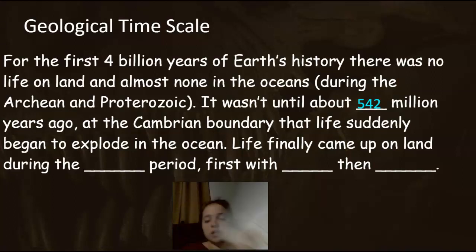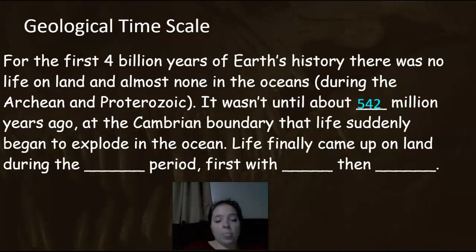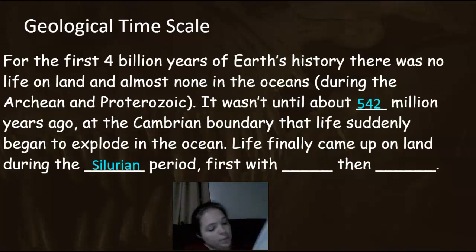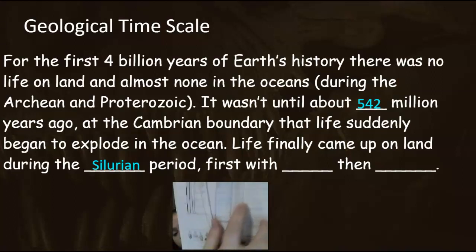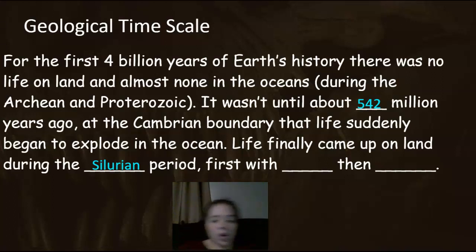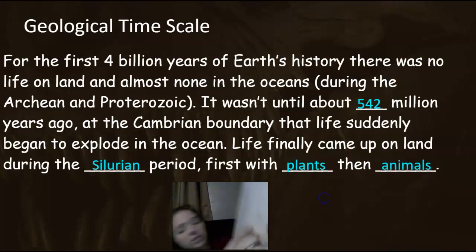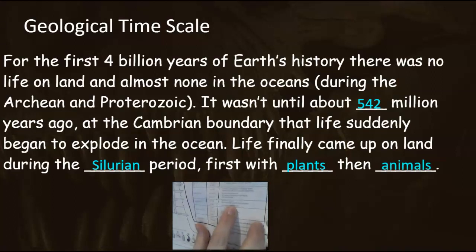It does state it in your reference table. Then life finally came up on land during the Silurian period. You will see right here what I'm talking about with the first plants and then animals. It says right there, earliest plants and animals.